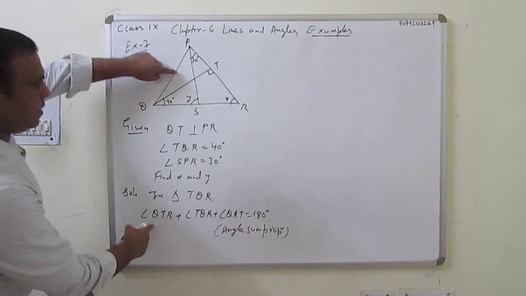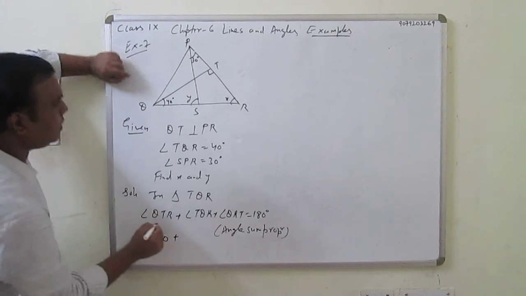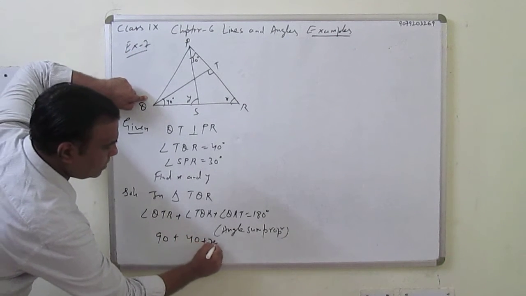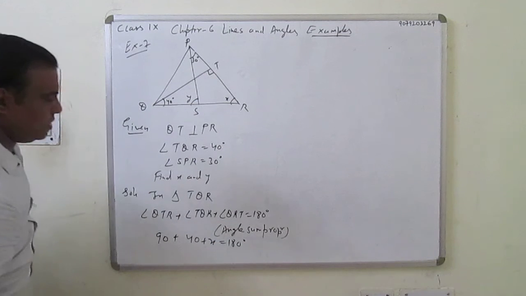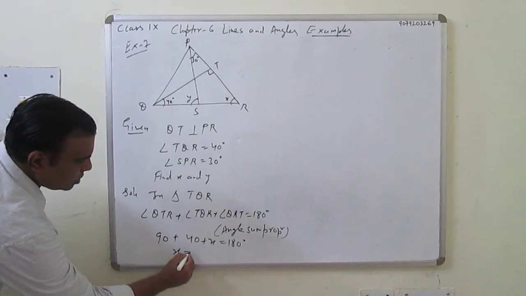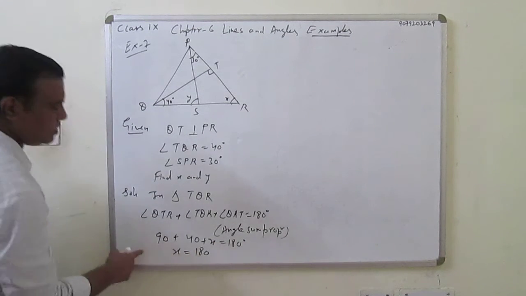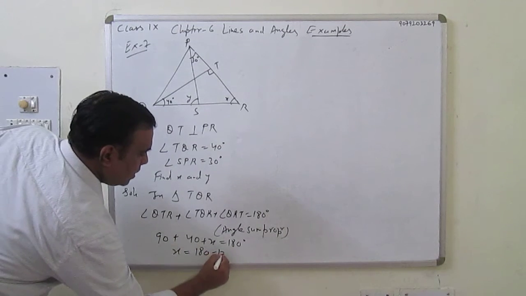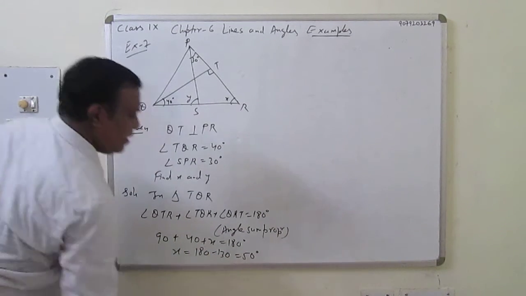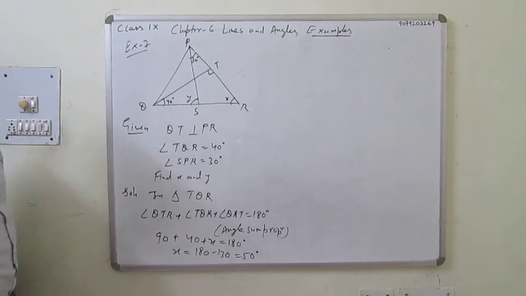Now QTR is 90, TQR is 40, plus X is 180. So X is equal to 180 minus 130, that is 50 degrees. The value of X is 50 degrees.